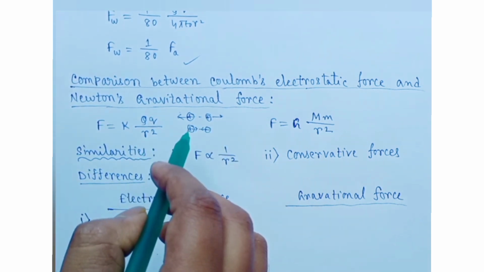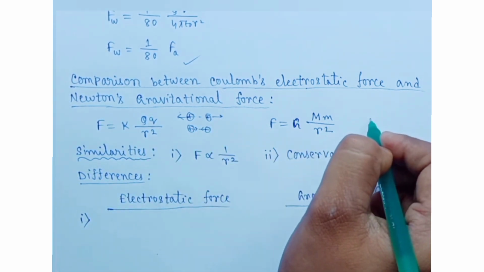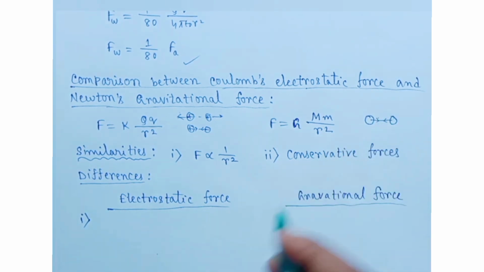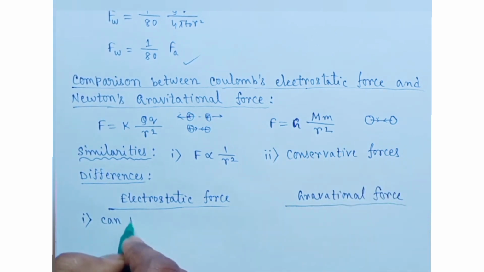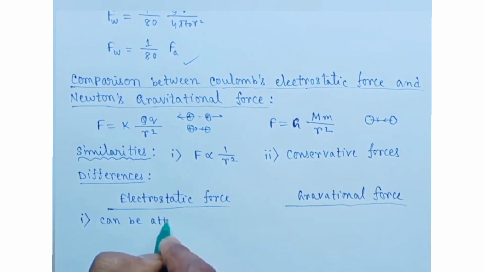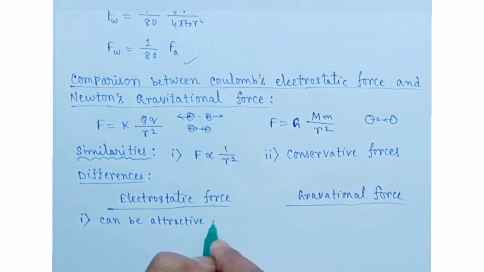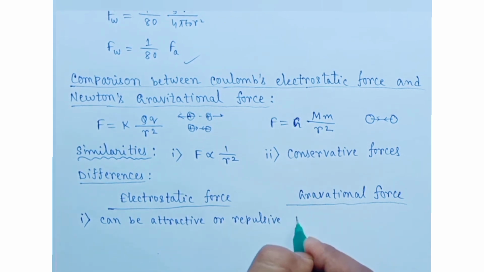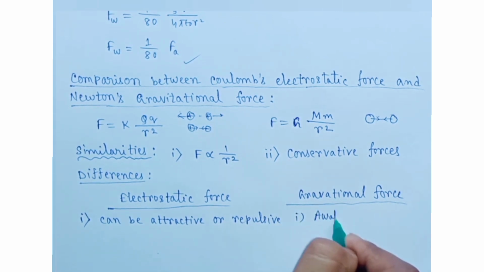That means this force can be attractive or repulsive. But two masses always attract each other. So gravitational force is always an attractive force. So electrostatic force can be attractive or repulsive, but the gravitational force is always attractive.